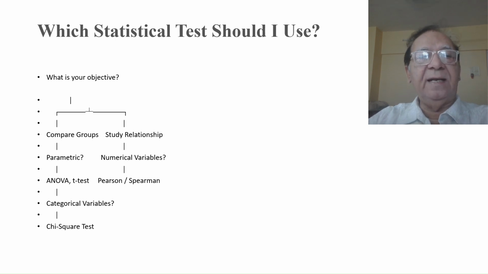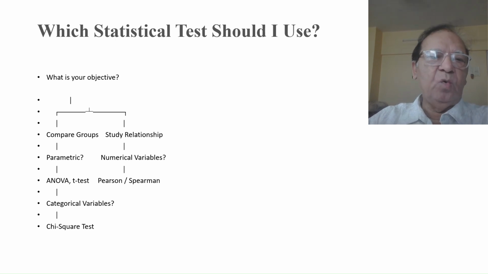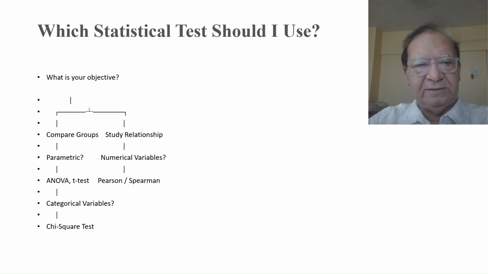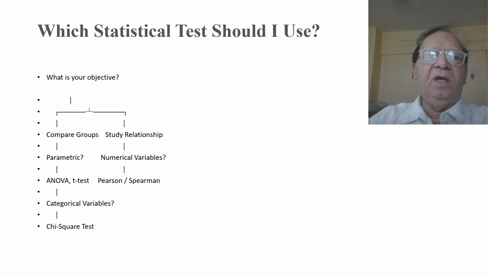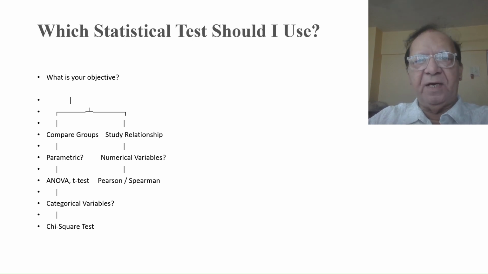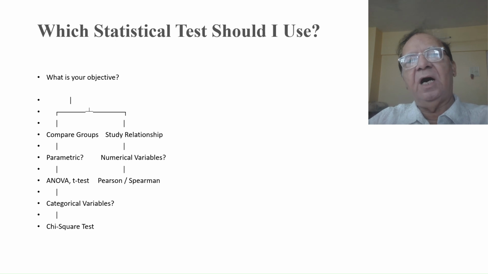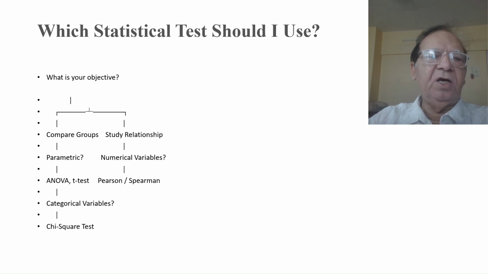Before selecting any statistical test, always ask one question: what is my research objective? If your objective is to compare groups, you will use tests such as t-test, ANOVA, Mann-Whitney, or Kruskal-Wallis.